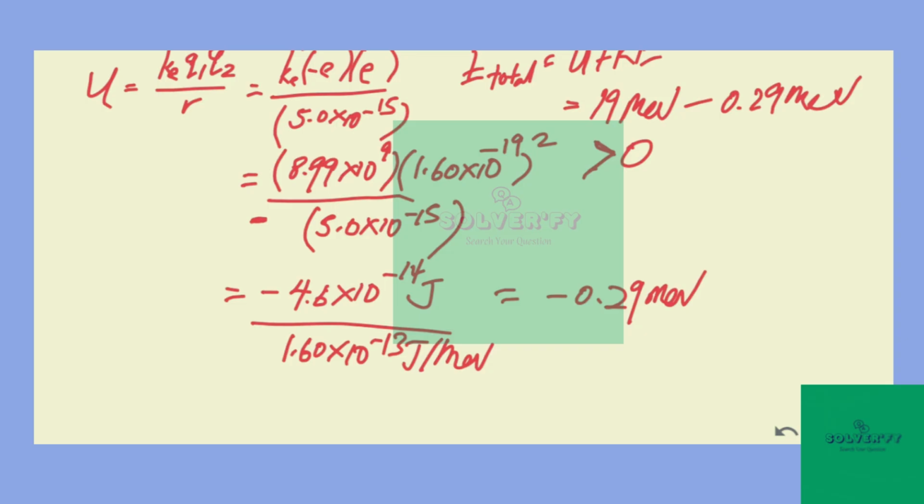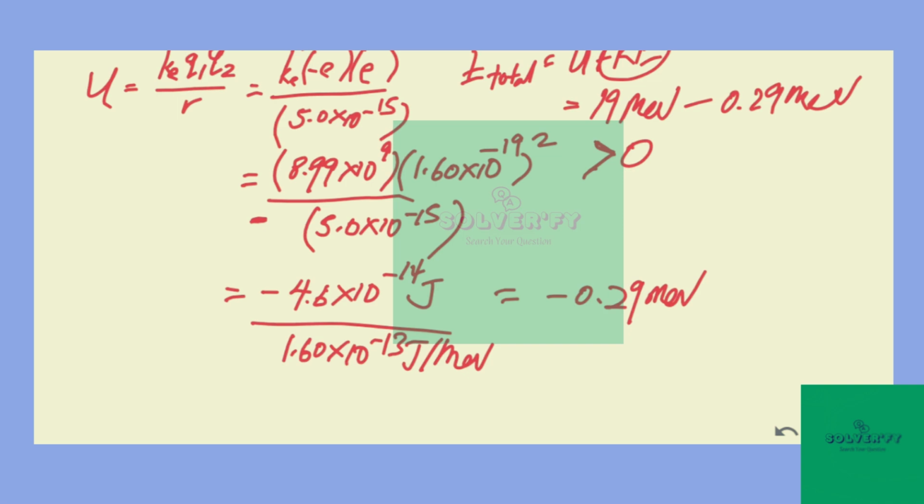And this positive value tells us that our electron is not bound when it is inside the nucleus. It has positive energy, so it can escape very easily, because it has such a large kinetic energy that it can overcome the negative Coulomb potential energy.